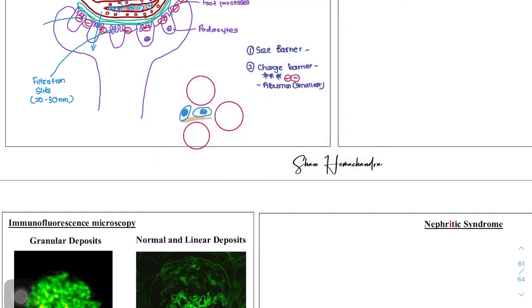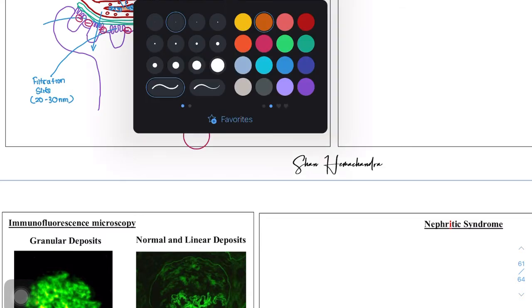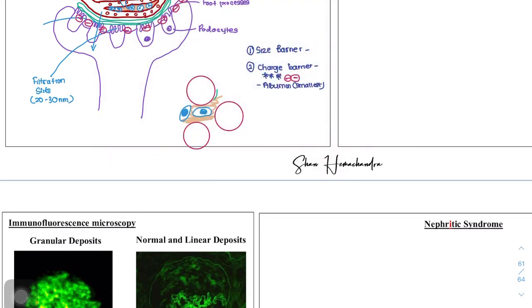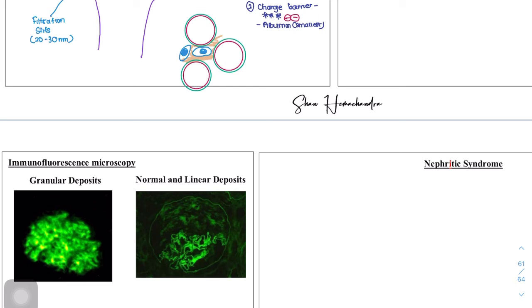This is the connective tissue, and outer to the capillaries you get the basement membrane. These are the basement membranes, and you have these finger-like structures which come here. So label it like this.